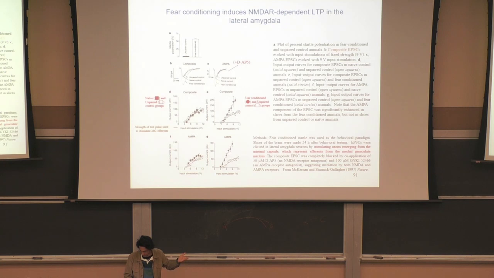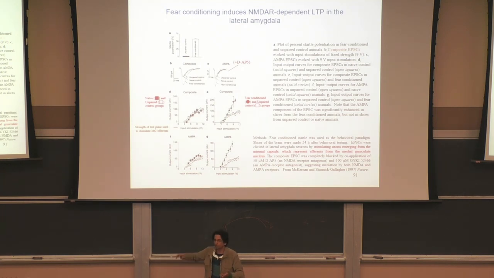Another measurement showing that the pathway was stronger after fear conditioning is that if you stimulate the input electrically, you get some number of action potentials. But in the fear-conditioned mouse, if you stimulate the auditory input, you get more action potentials in the amygdala. So the amygdala is listening to the auditory input more attentively, and it's a stronger synapse after fear conditioning.